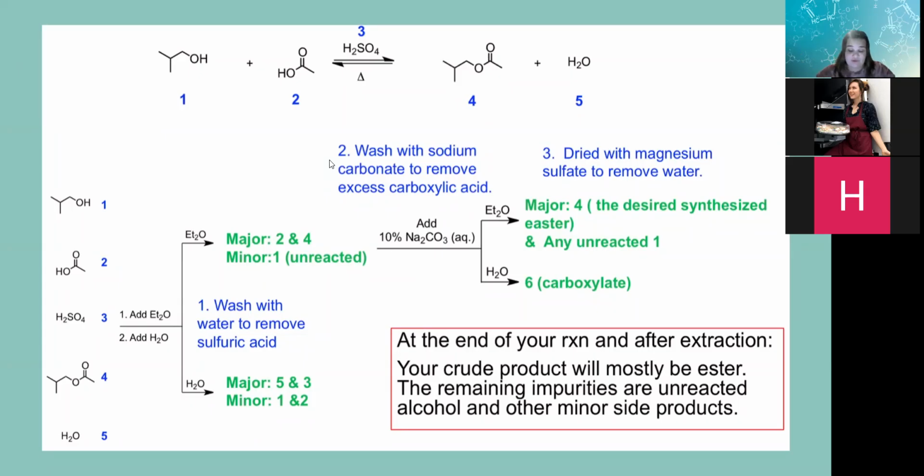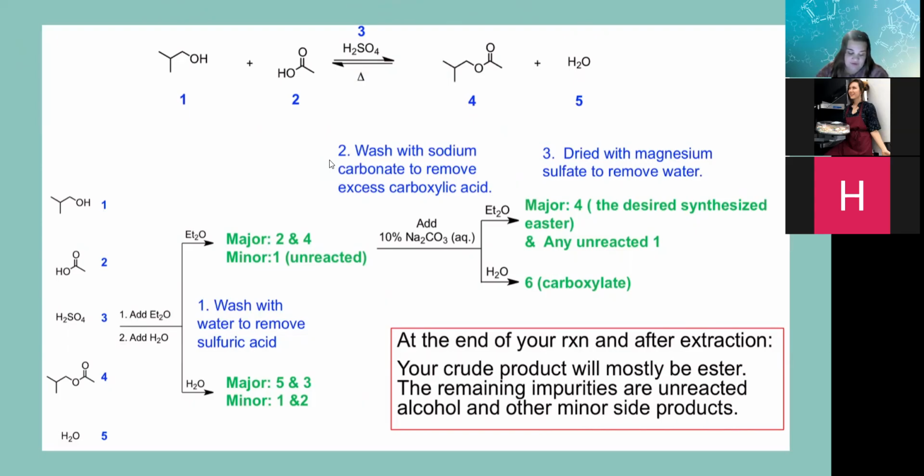So 5 reagents: you have your alcohol, your carboxylic acid, your H2SO4, which is your sulfuric acid, your ester, your water, and that little triangle represents heat. So we got all of our components. The first thing you did was add the diethyl ether and water. What dissolves things like that?